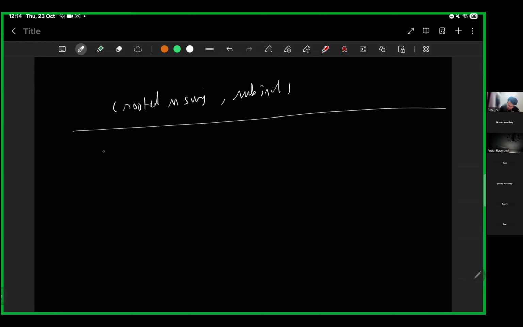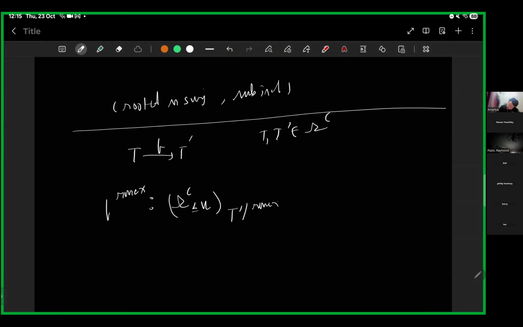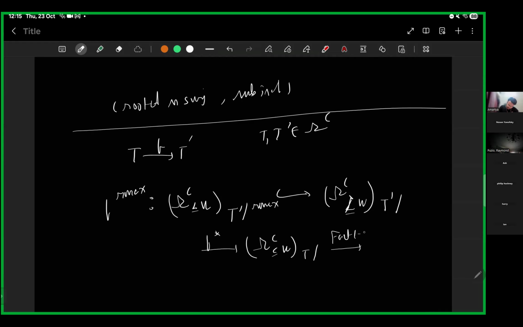So something more that we need. You start with a map of closed trees to closed trees, and then you consider this composite, T dash upper star, and then you take the factorization. So what does it do?